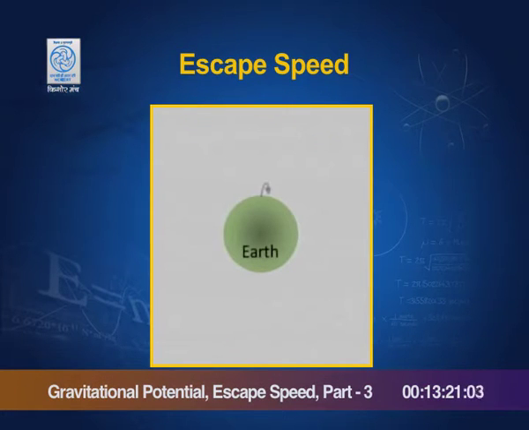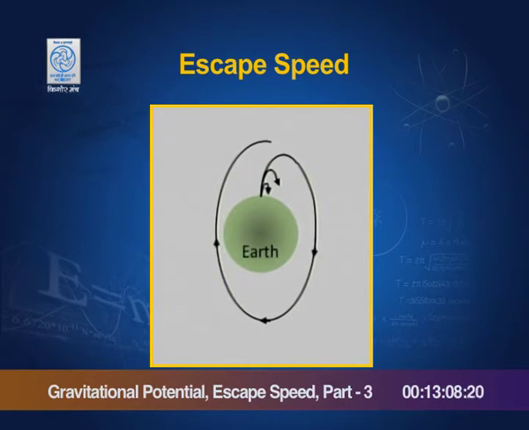You know that if you throw a ball up, it always comes back. You throw and it comes back. You throw with a higher speed, it again comes back. If you throw with a still higher speed, it might go into an orbit around the earth, but it will be still bound to the earth. This orbit is within the gravitational field of the earth.